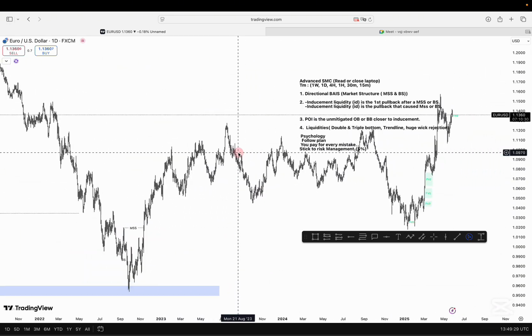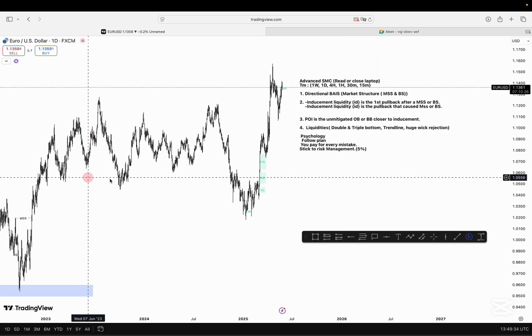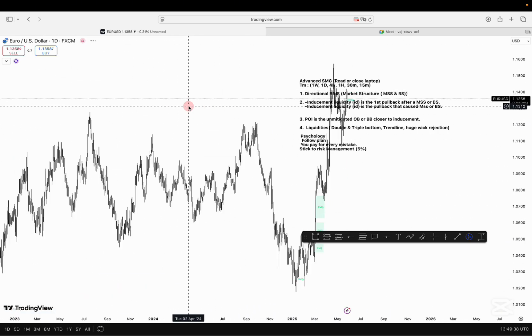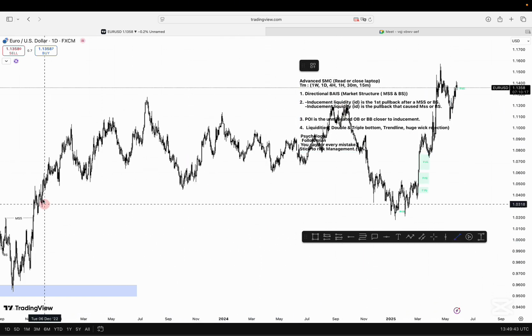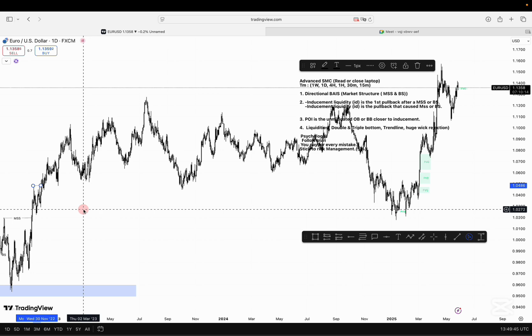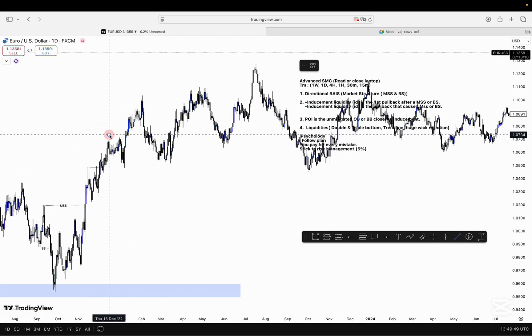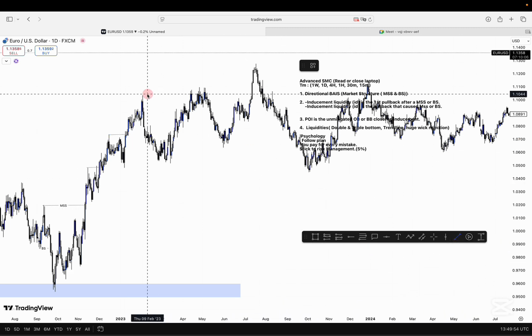Let me check something here. Now we want to focus on what has been going on here. After that, we have a break of structure here, a break of structure to here, another break of structure here.